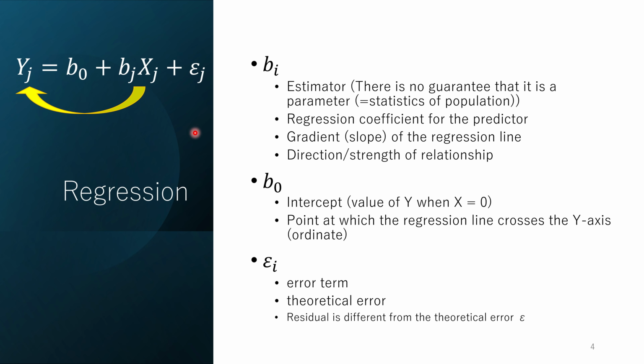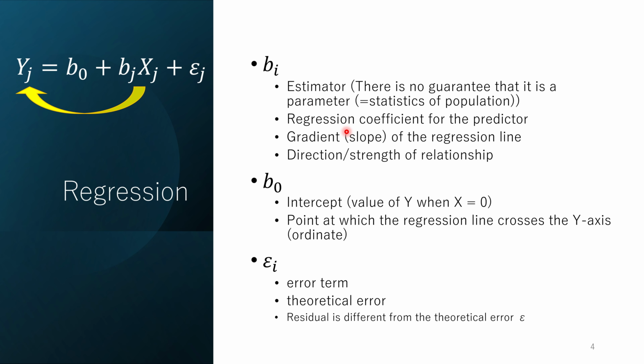Okay, next, the explanation for each part. Y equals beta 0 plus beta j xj plus epsilon. B is the estimator, or coefficient. B is a regression coefficient for the predictor x.